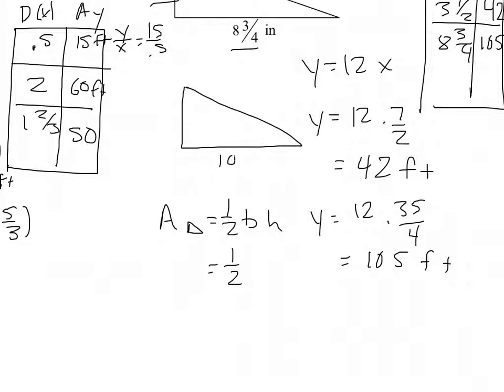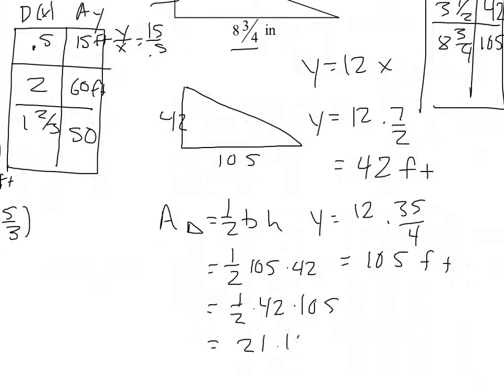This one is 105 and this is 42. 1/2 of 105 times 42. I'm going to go ahead and commute this just a little bit because I can find 1/2 of 42 really easily. And that's going to make the multiplication just a little bit faster. 1/2 of 42 is 21 times 105.